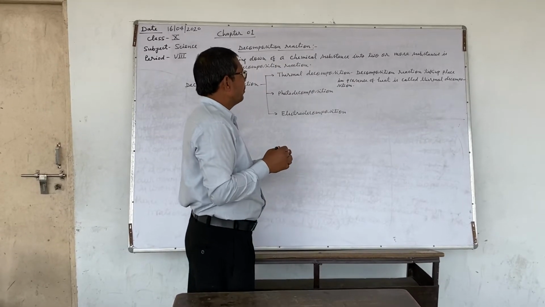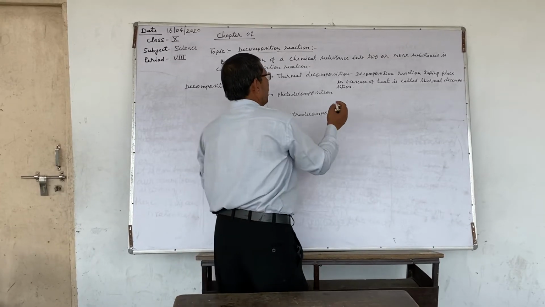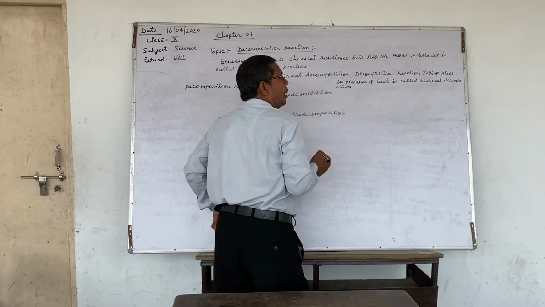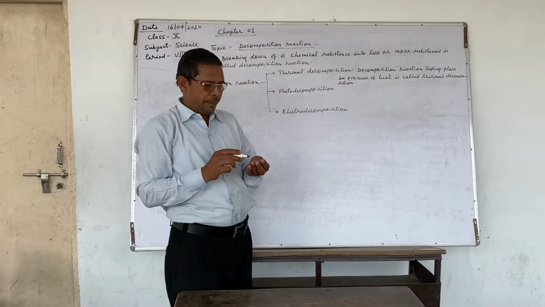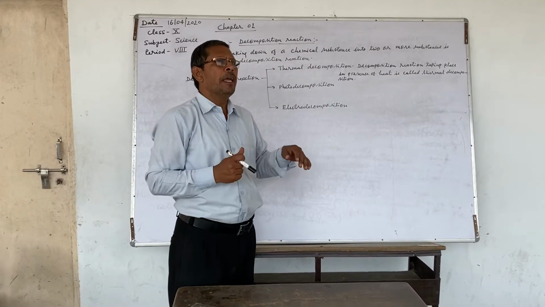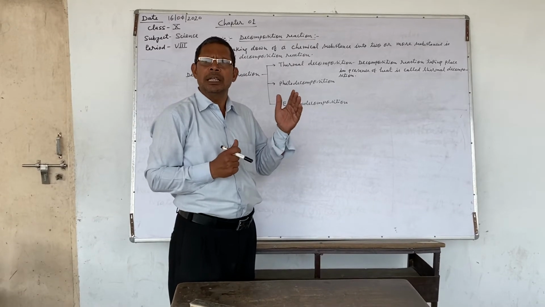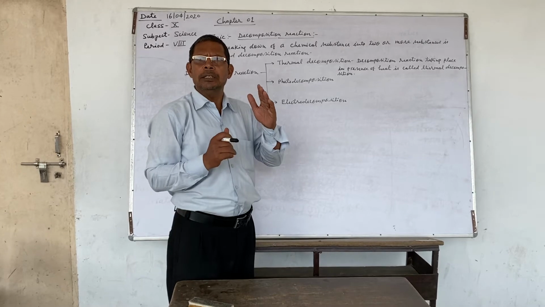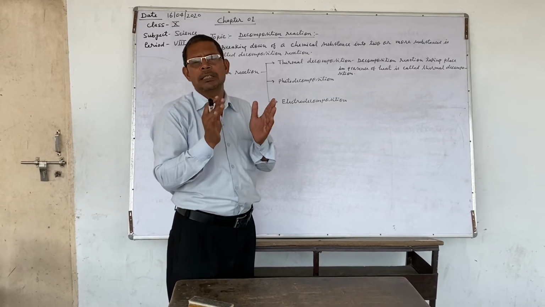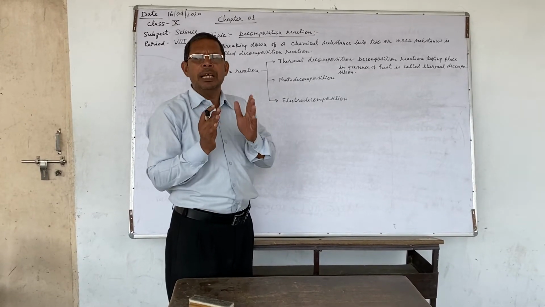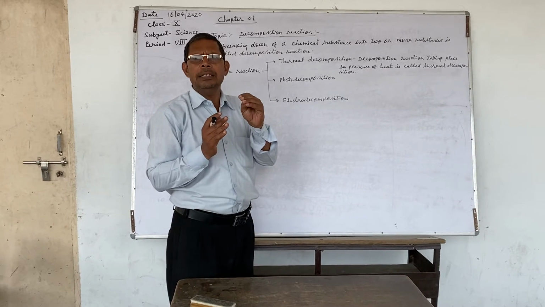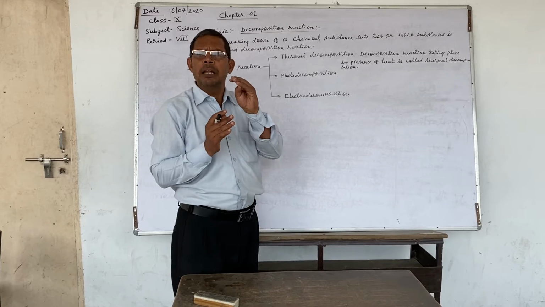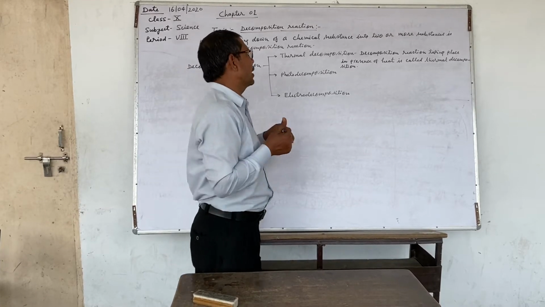You can give an example of thermal decomposition. A very common example: when ferrous sulfate crystals are heated, we get iron oxide, Fe2O3, sulfur dioxide and sulfur trioxide.